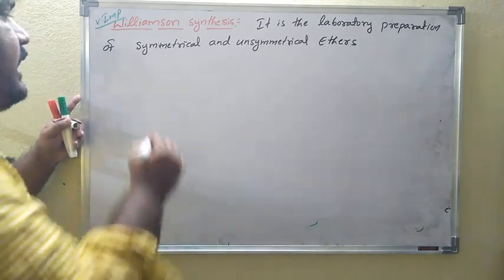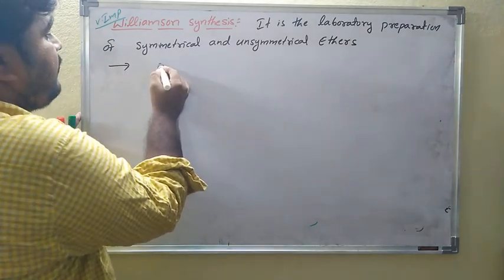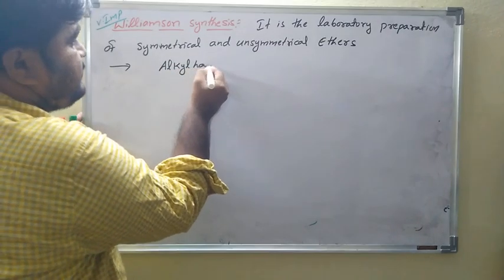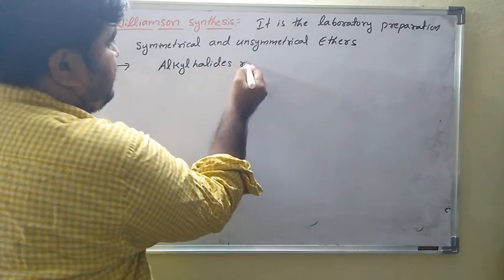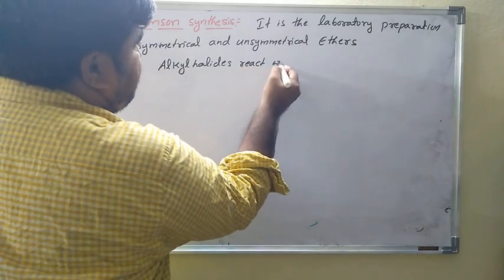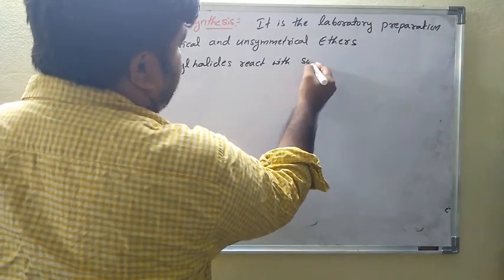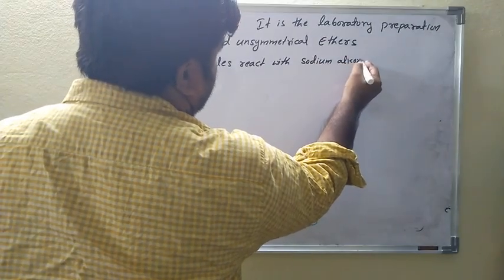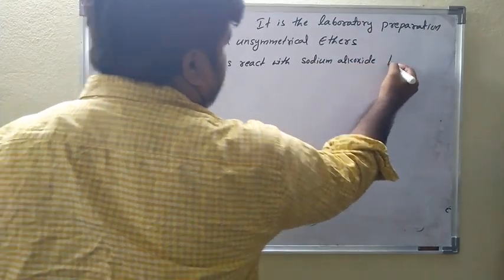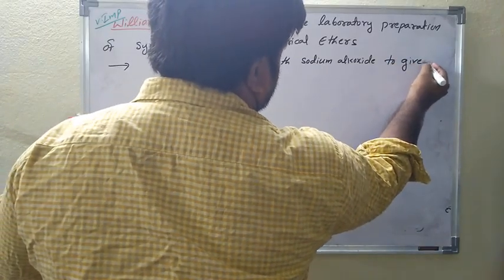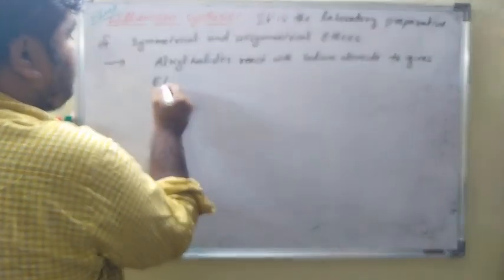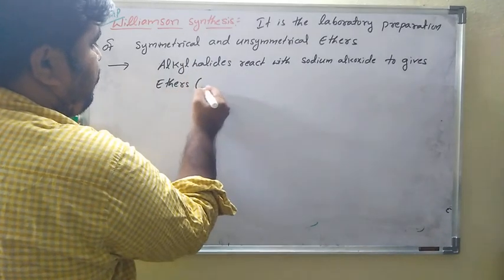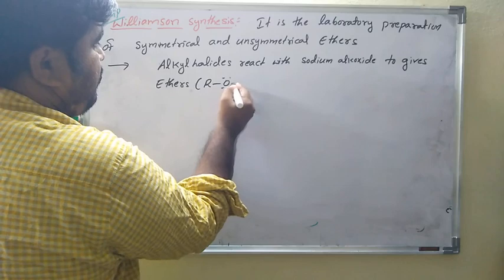And in this method, alkyl halide reacts with sodium alkoxide to give ethers. So this is the ether, general formula ROR.